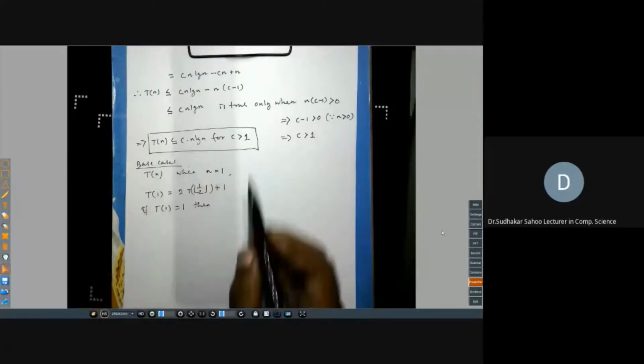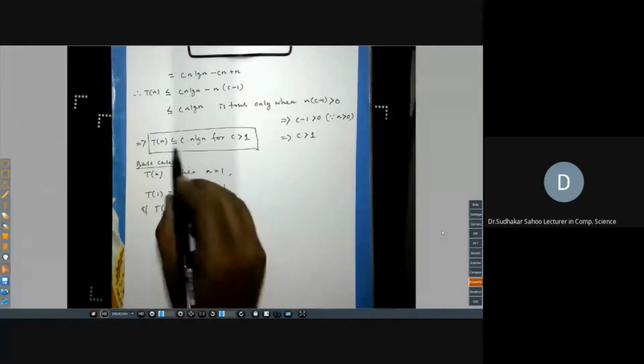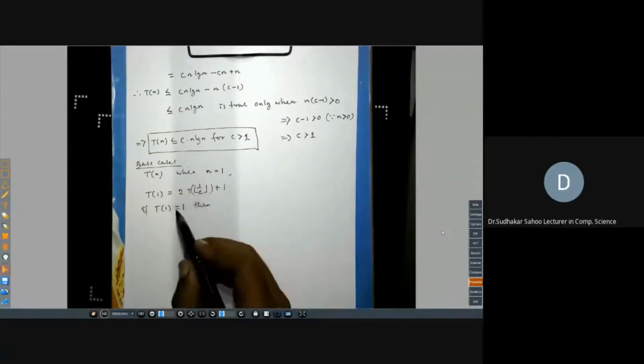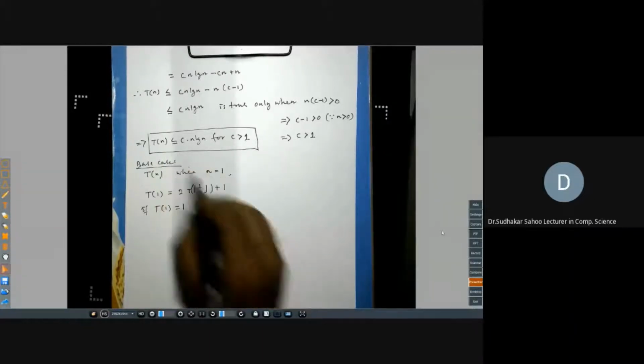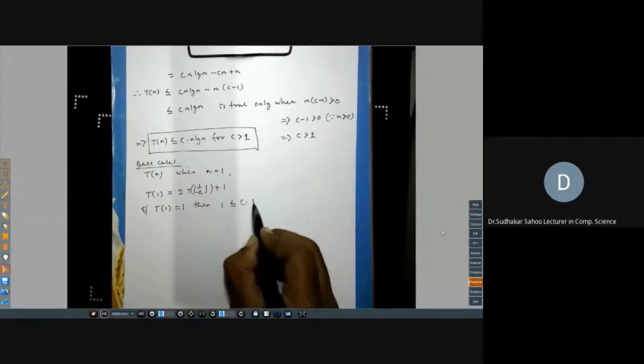Let us check whether this is the recurrence equation, right? Let us check whether your solution is true for this recurrence equation. So if T(n) equal to 1, then this is 1 less than or equal to C into 1 lg 1.